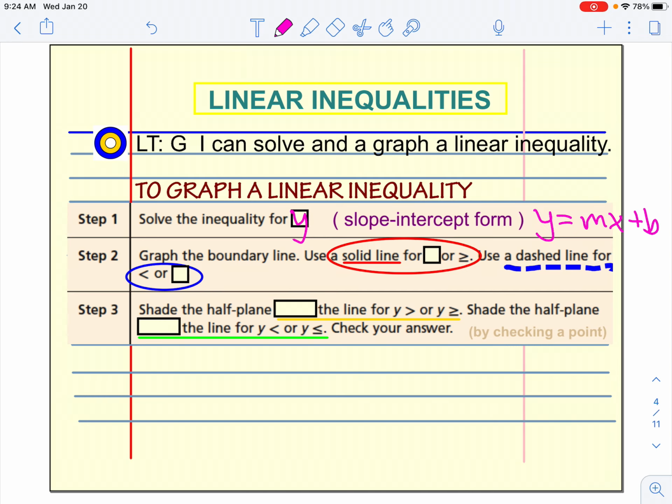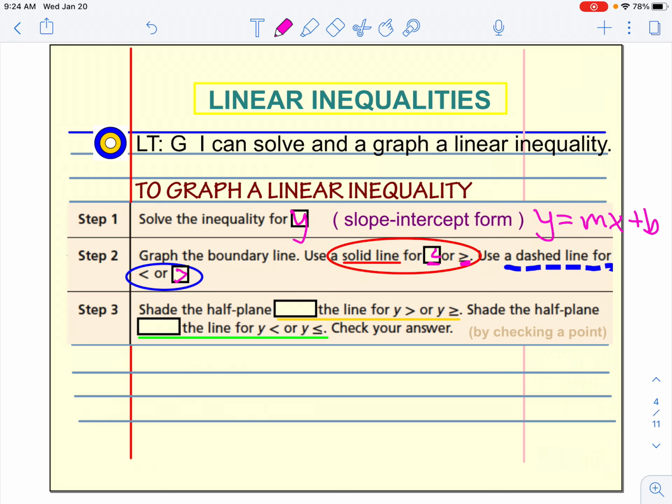So we graph the boundary line using a solid line if we have less than or equal to, or greater than or equal to, because that equal sign is the key. We use a dashed line for just less than or just greater than. There is no equal with it, so we would use a dashed line.